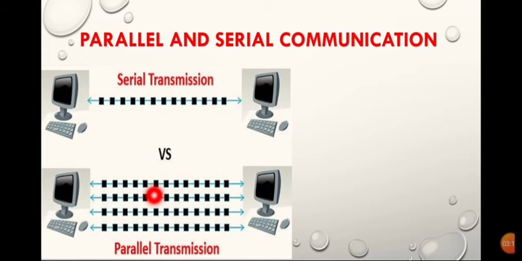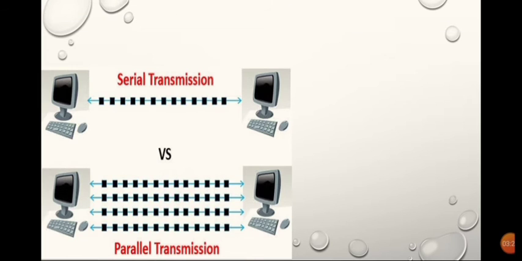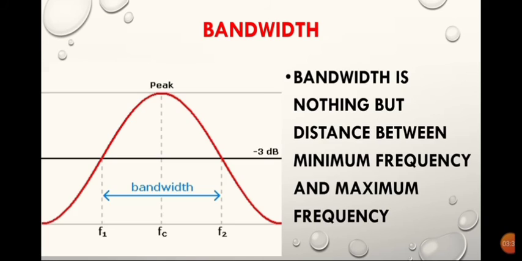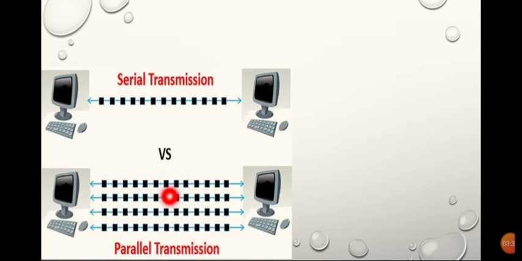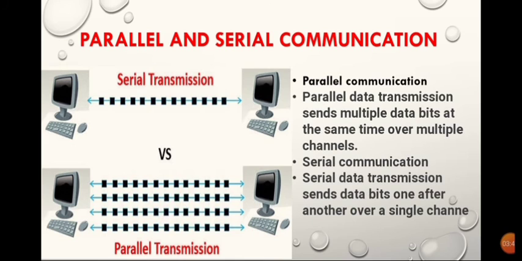But in the case of parallel communication, the bits are transmitted at a time. Observe carefully. In parallel communication, all 4 bits are transmitted at a time. Hence it is known as parallel communication. Again I am going to summarize this.